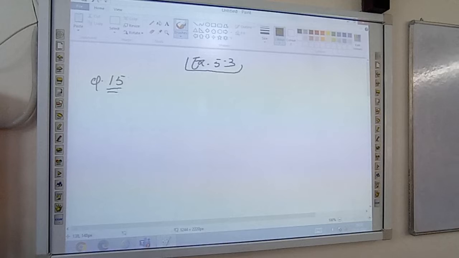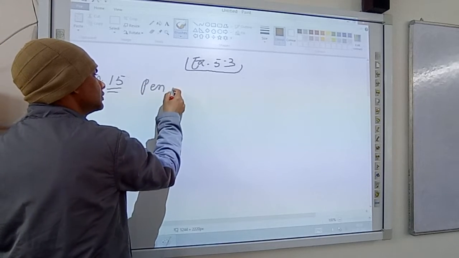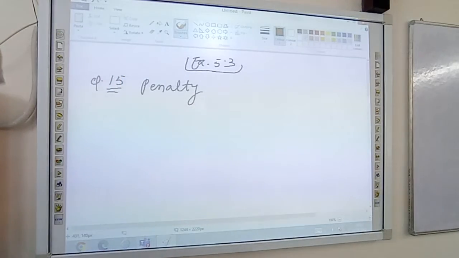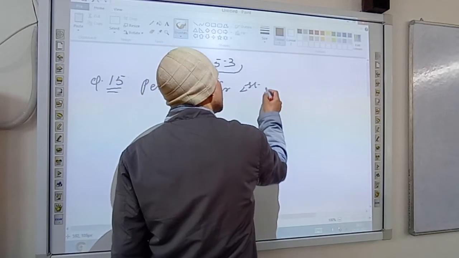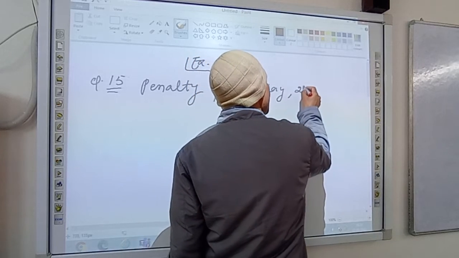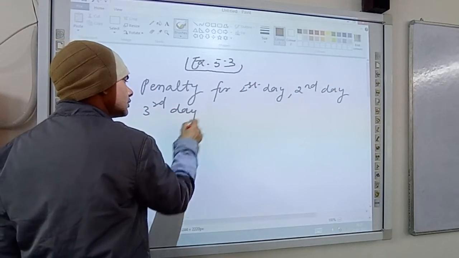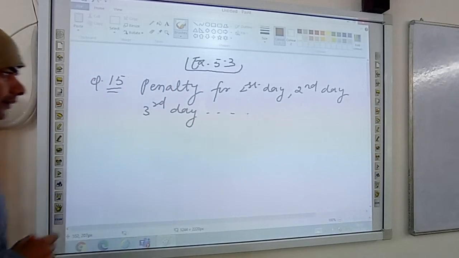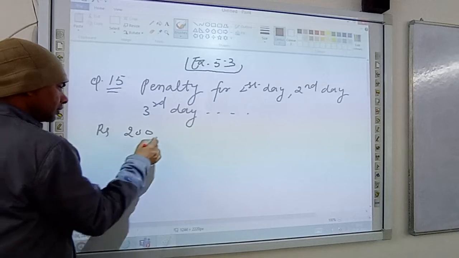ठीक ना? Penalty for n equal to 30 days. Penalty for first day, second day, third day and so on. ठीक है, देखिए क्या बनेगा यहाँ पे. फर्स्ट डे पेनल्टी 200 रुपीज. 200, 250, 300.